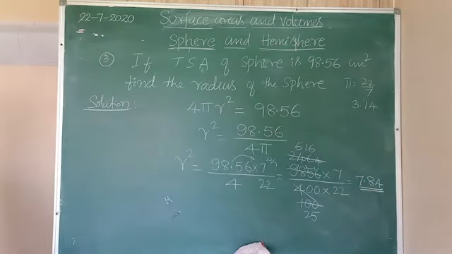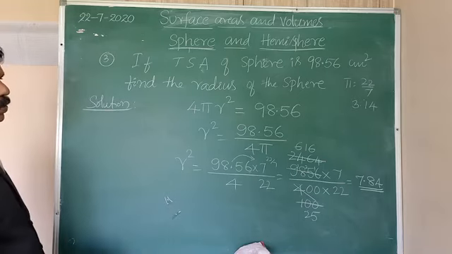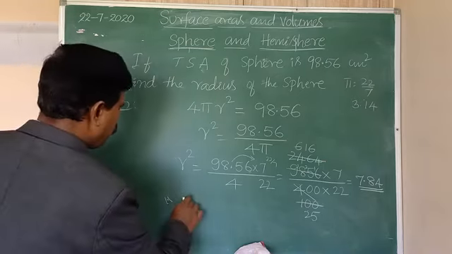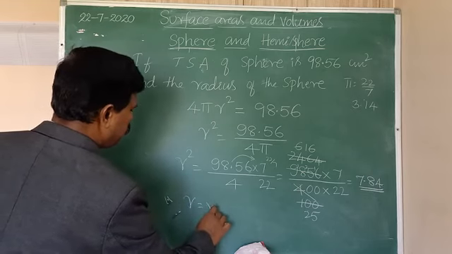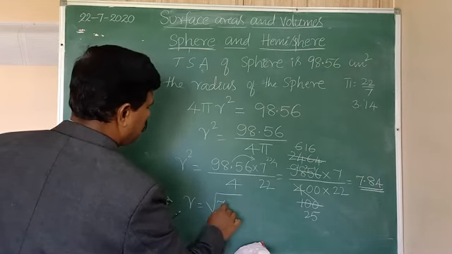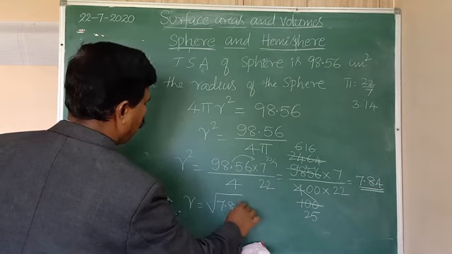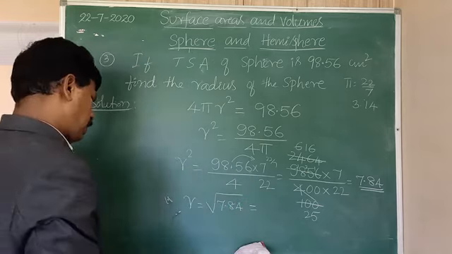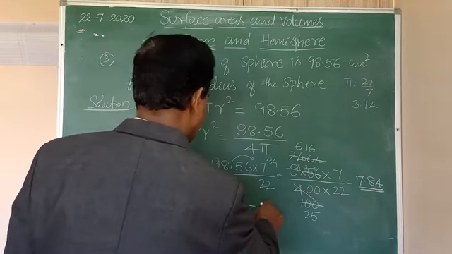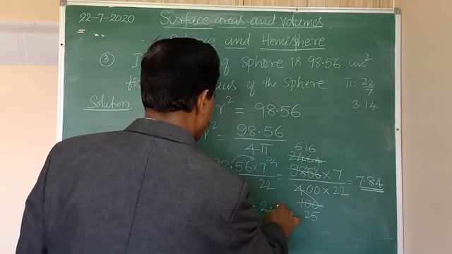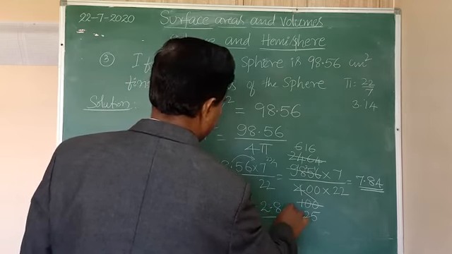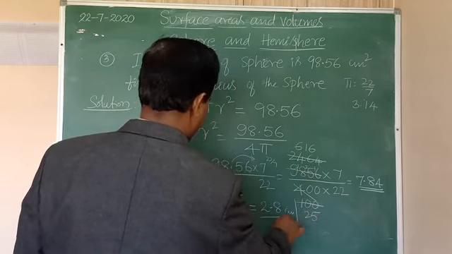See, simplifying this you will get 7.84, that is r square. So when you take the square root, r is equal to square root of 7.84, then it is 2.8. That means 2.8 centimeter.